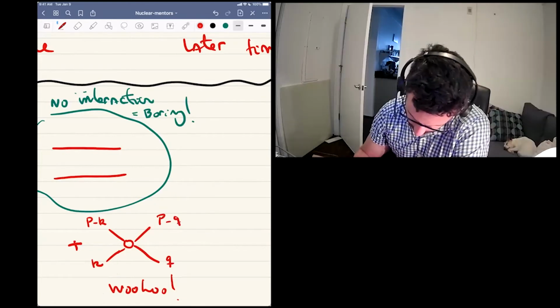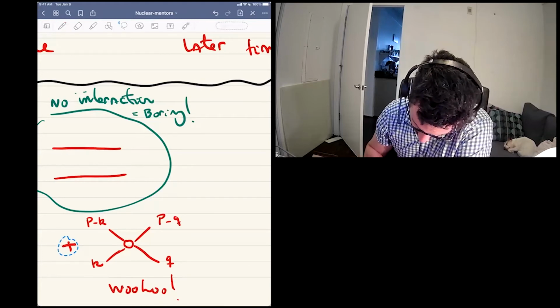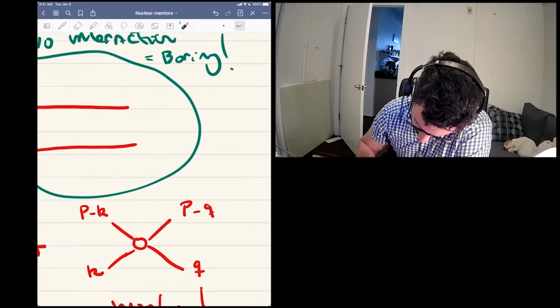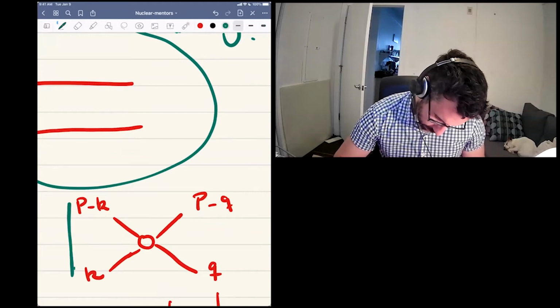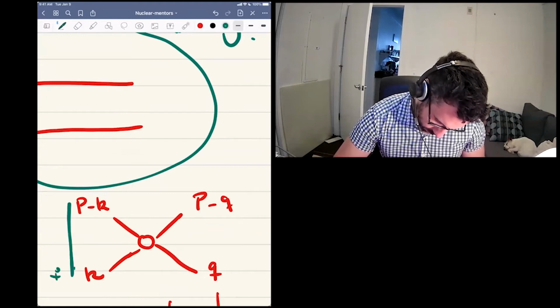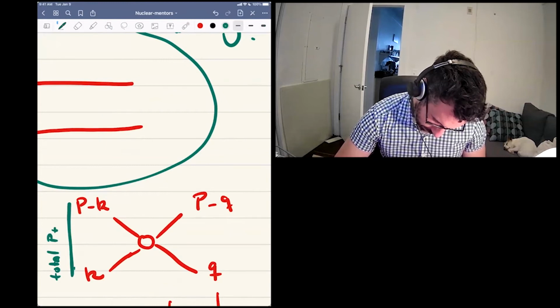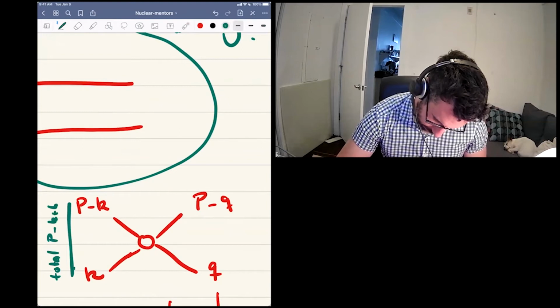Great. So you see that at the beginning of the reaction, because time is always going forward, the total momentum was p minus k plus k, which is equal to p.